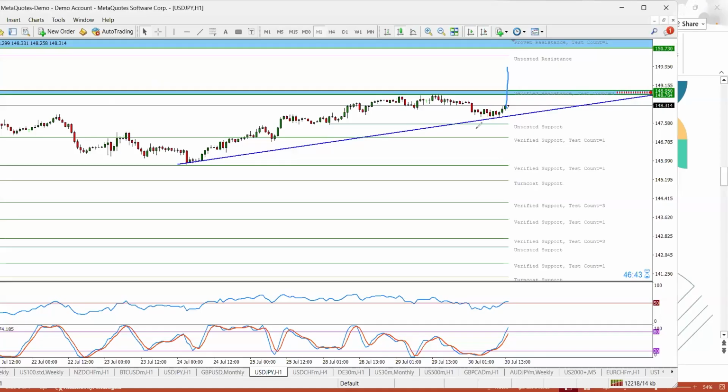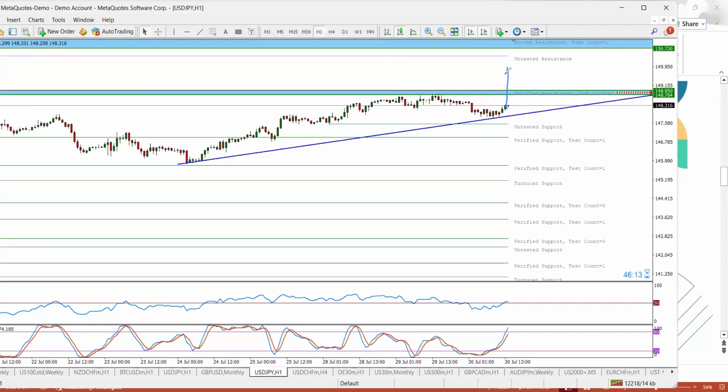So you can either wait for the break on the 4-hour time frame or on the 1-hour time frame, right? Once the candle has broken and closed above the resistance, you now go to either your 15 minutes or your 5 minutes and set your buy limit orders. The same thing, if you cannot wait for a 4-hour candle to break and close, you can wait for a 1-hour candle to break and close.